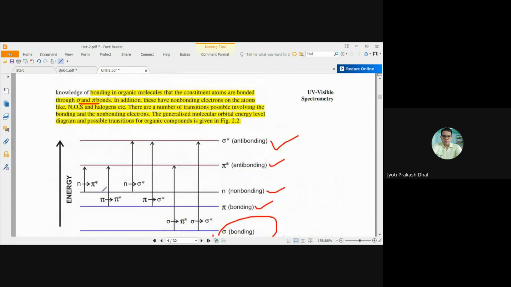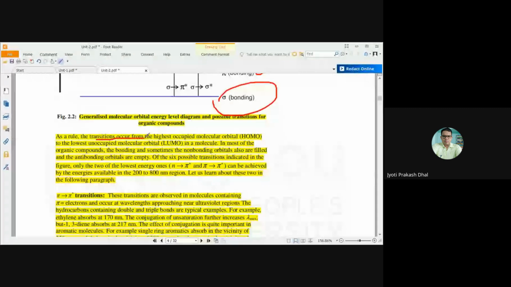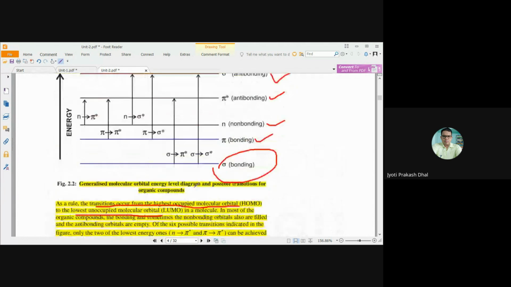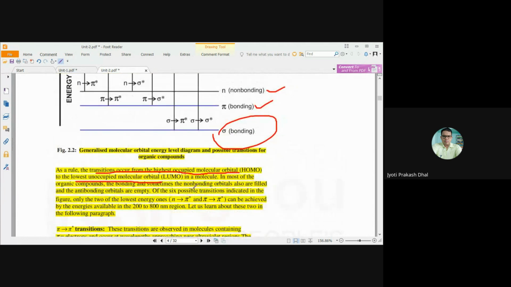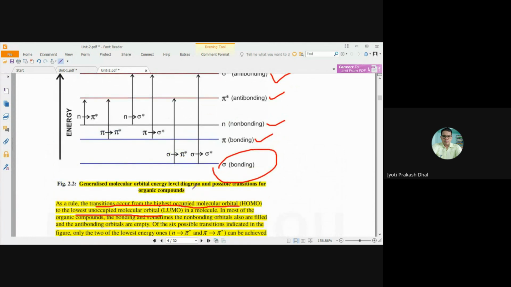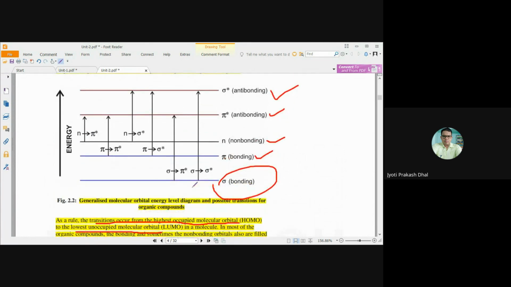As a rule, the transition occurs from the highest occupied molecular orbital, that is called HOMO, to the lowest unoccupied molecular orbital.